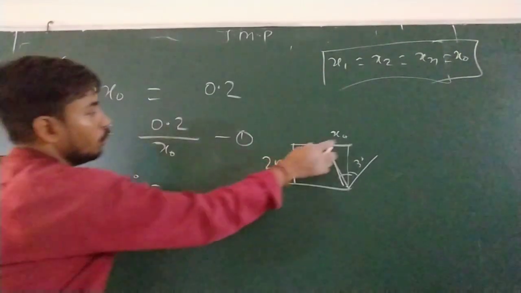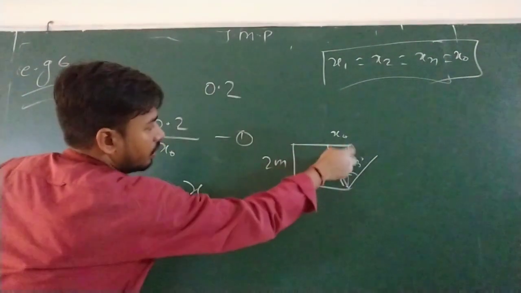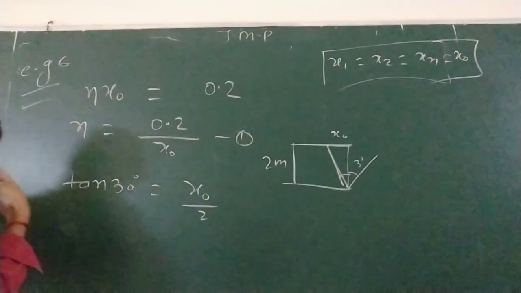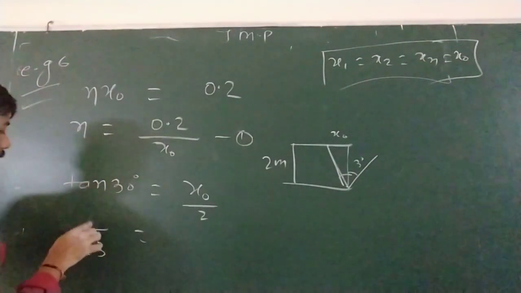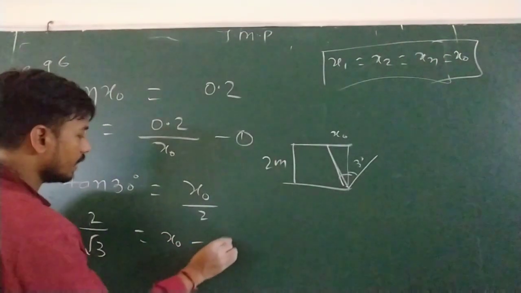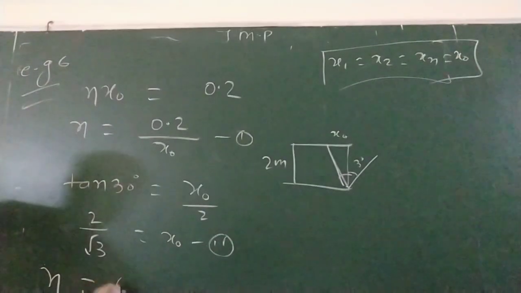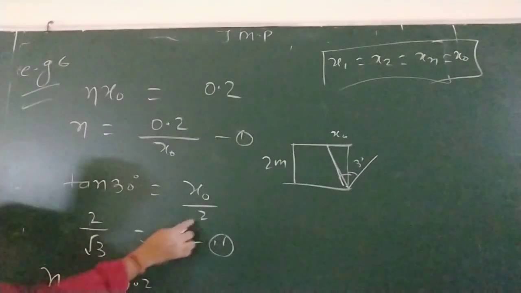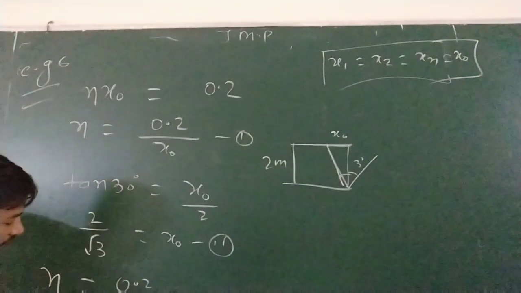Tan 30 degrees is equal to x naught by this height. Sorry, this height 2. So this becomes 1 by root 3, equal to x naught by 2. So x naught is 2 by root 3. Equation second. So n is equal to 0.2 divided by 2 by root 3.